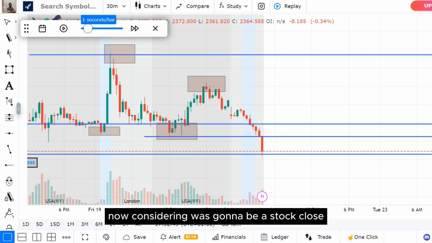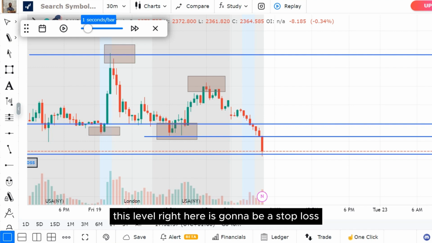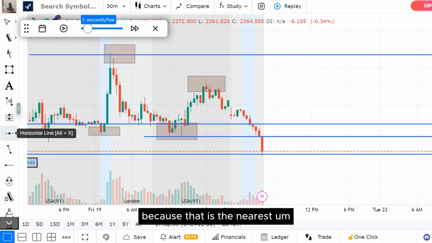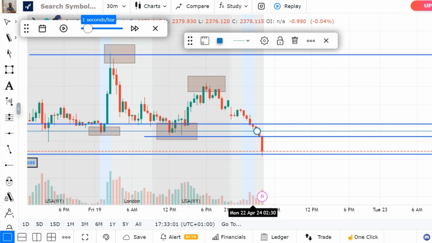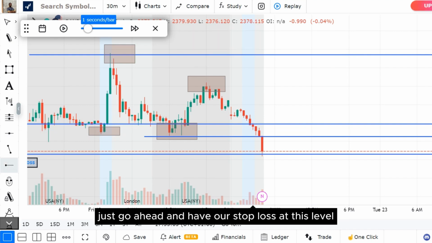Now, considering what's going to be a stop loss, I think that's going to be one of the most important things we have to look at. Now, looking at this level right here is going to be a stop loss because that is the nearest liquidity we have. Just go ahead and have our stop loss at this level.